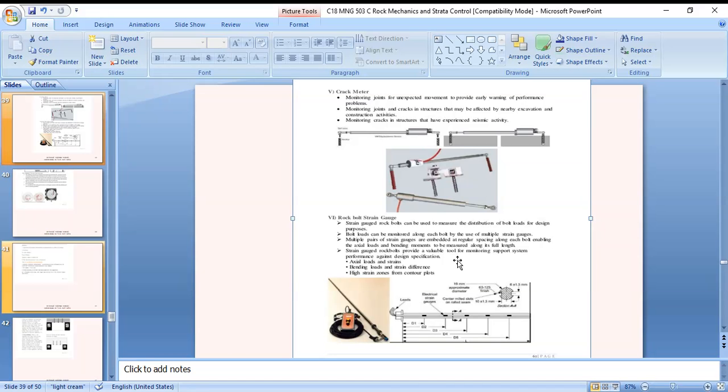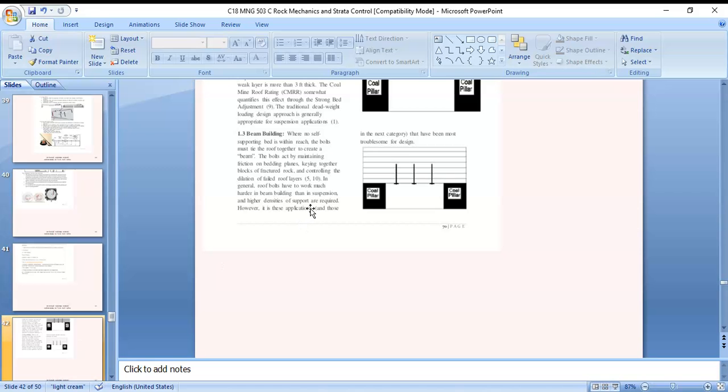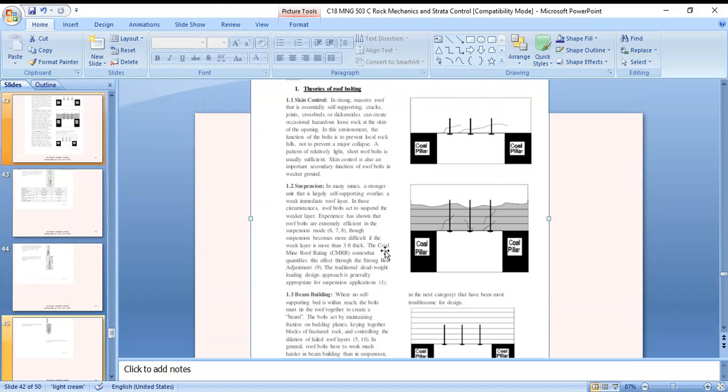It's a crack meter, rock bolt strain gauge meters. This is the roof bolts operation. Theory of roof bolt operation. This is one model. This is another model.